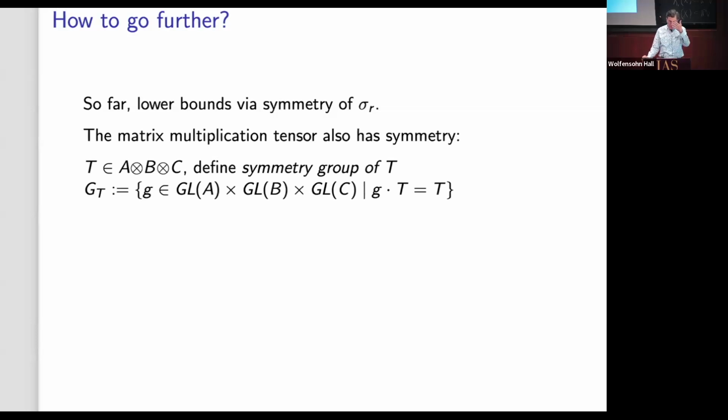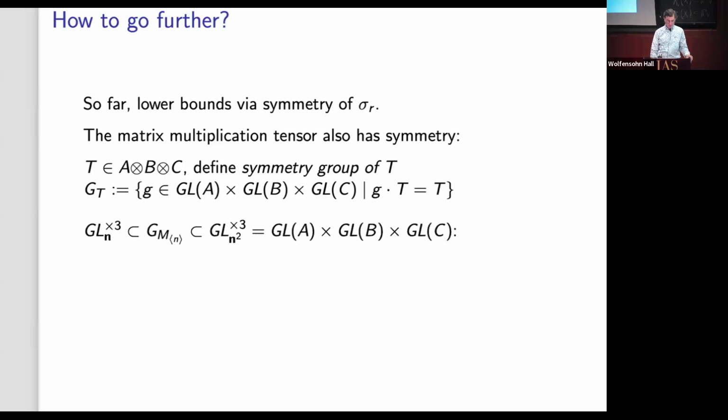Any time you have a variety X that's invariant under a reductive group G, you can do this for any point in the vector space V, which will be a G-module, hopefully. I'll just restrict to our case in complexity theory, and we look at the changes of bases that preserve our tensor.